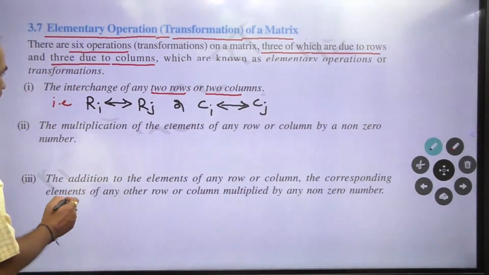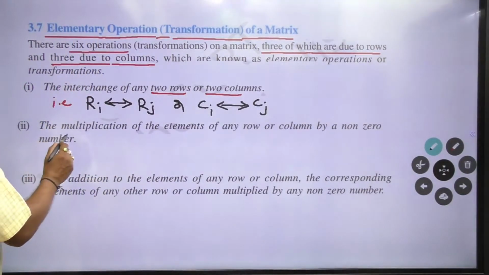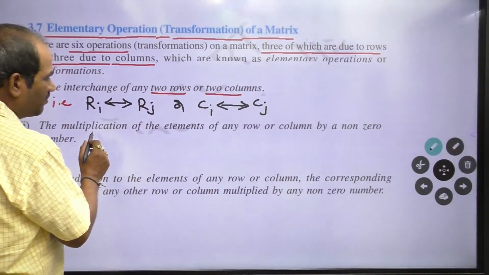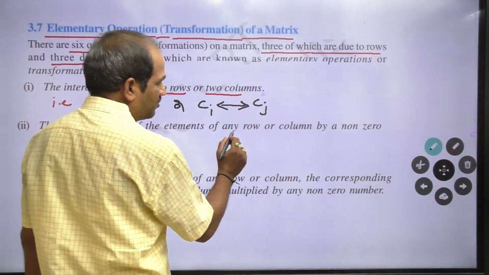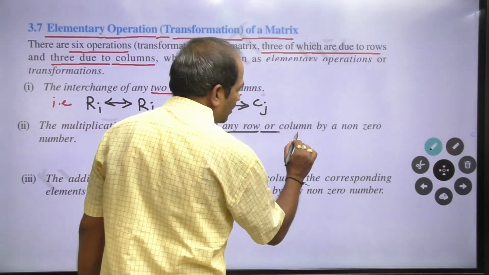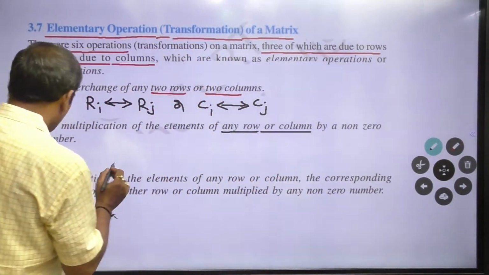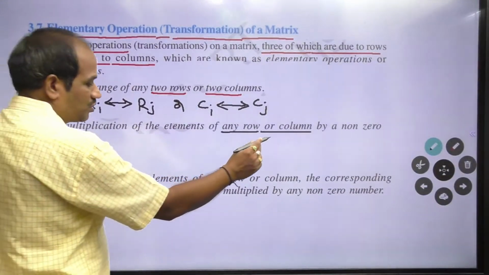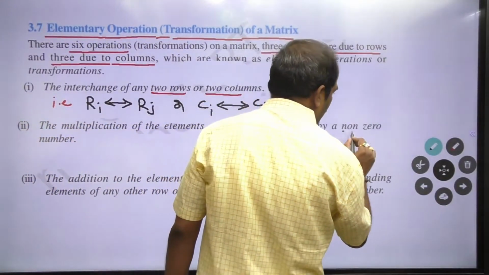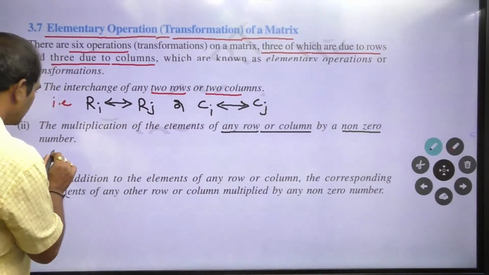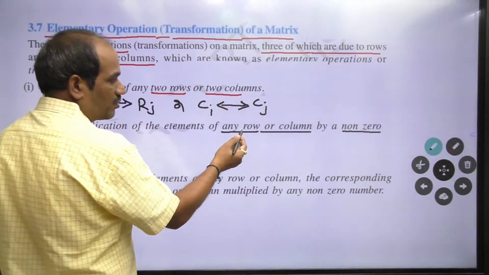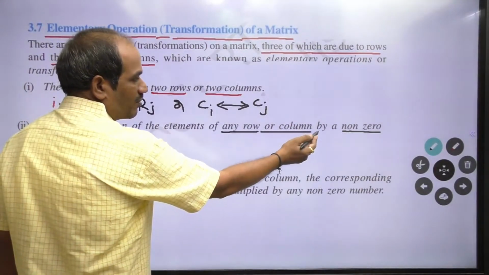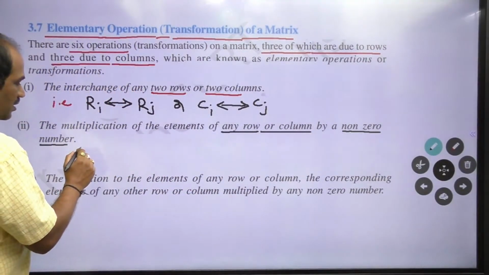Next, the second one is the multiplication of the elements of any row or column by a non-zero number.